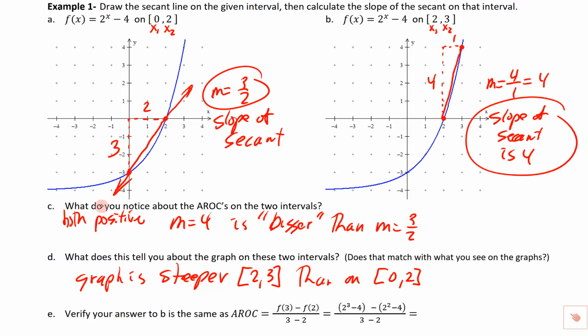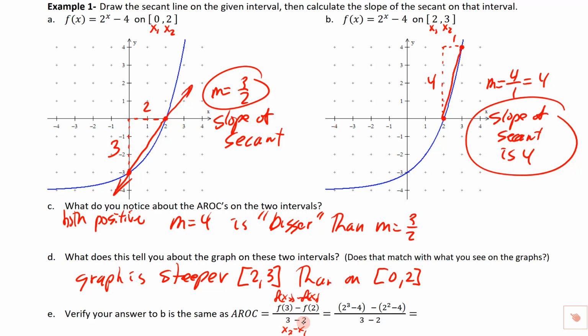Okay, now it says verify that the answer to B is the same as the average rate of change. So this was the slope of the secant, and we kind of found this visually by just connecting the two dots and doing rise over run. But what we want to do here is check and make sure that if you plug this into the average rate of change formula, so the bottom is 3 minus 2, this is x2 minus x1, and this is f of x2 minus f of x1, do we get exactly the same thing?